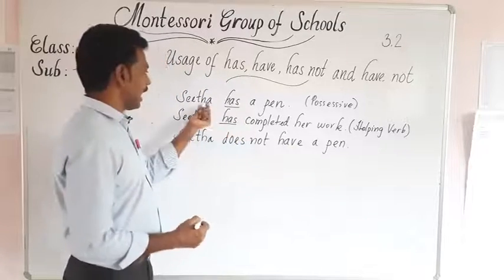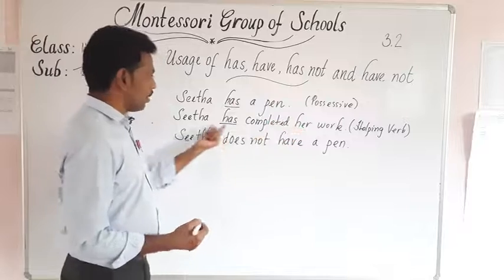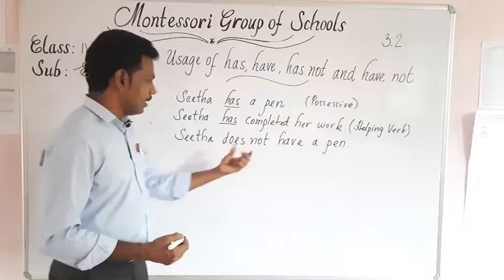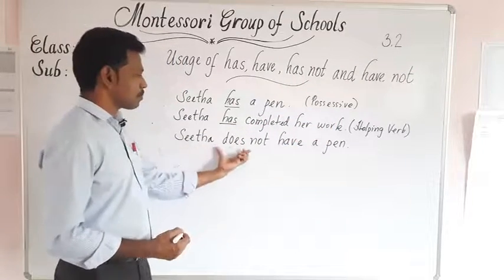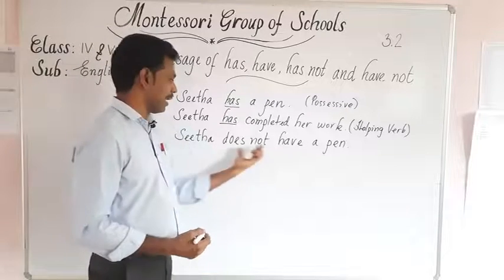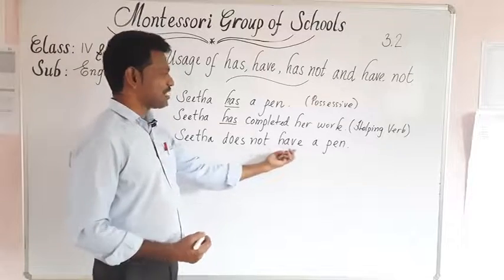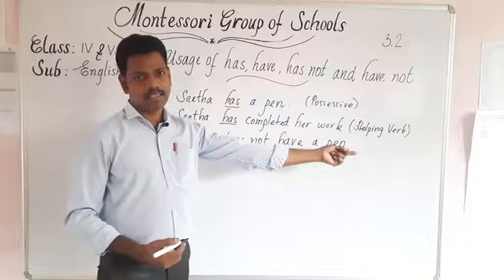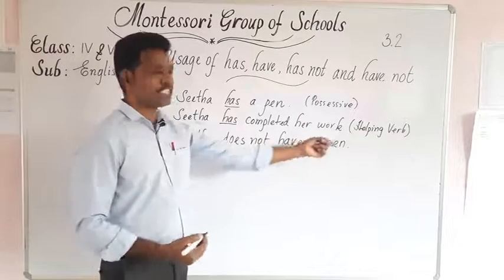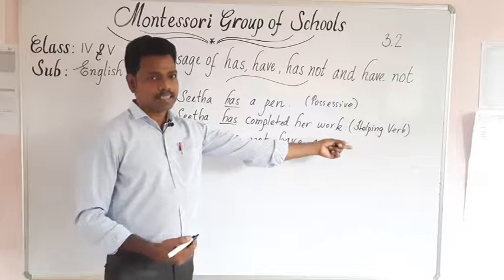When we change has into has not in the possessive case, it changes into the form of does plus have. Does plus have is equal to has.